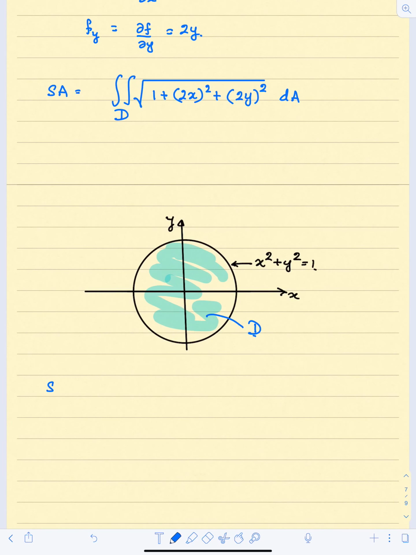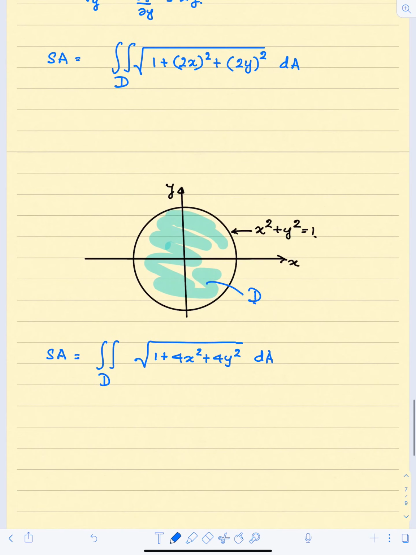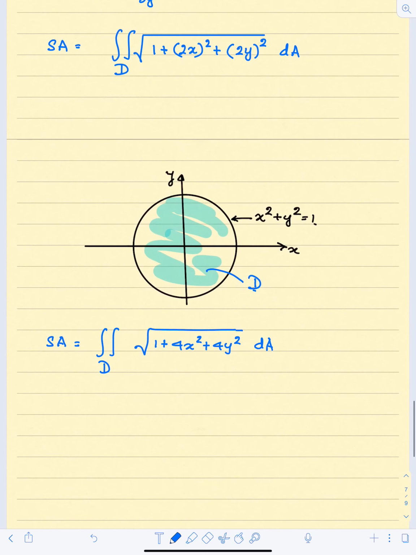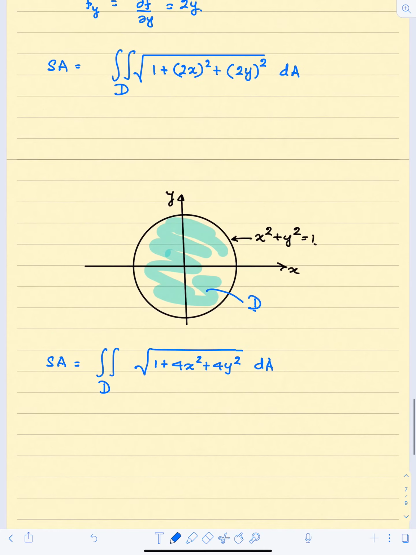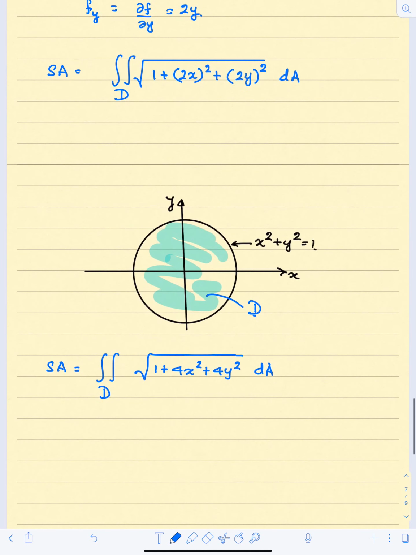Okay, let's simplify the integrand. If you do that, you will get the square root of 1 plus 4x squared plus 4y squared dA. Of course we could solve this integral using the Cartesian coordinate system, but at this point we learned about polar coordinates.